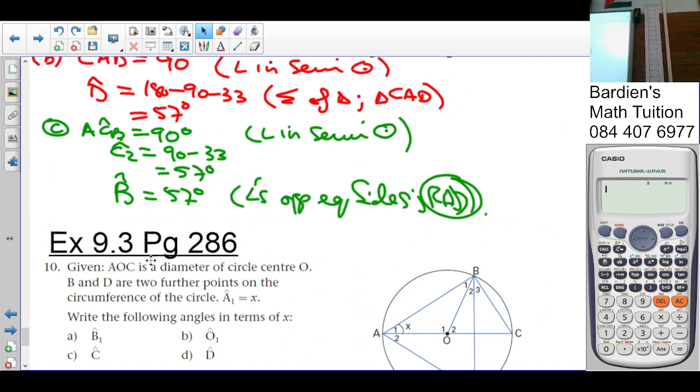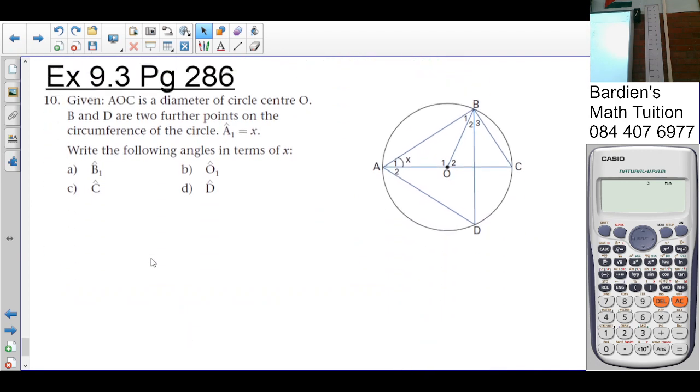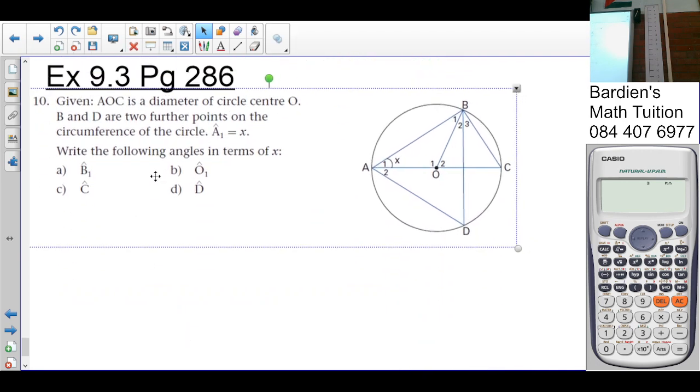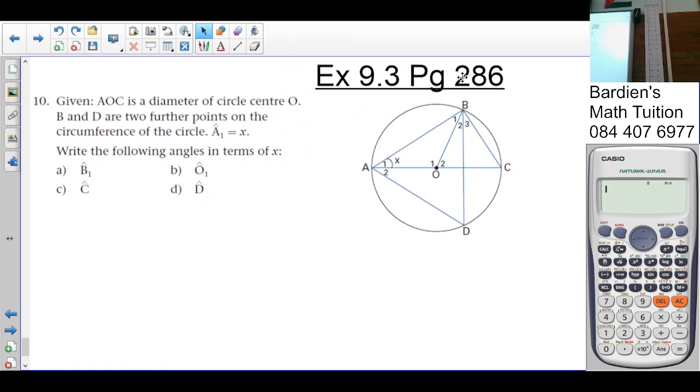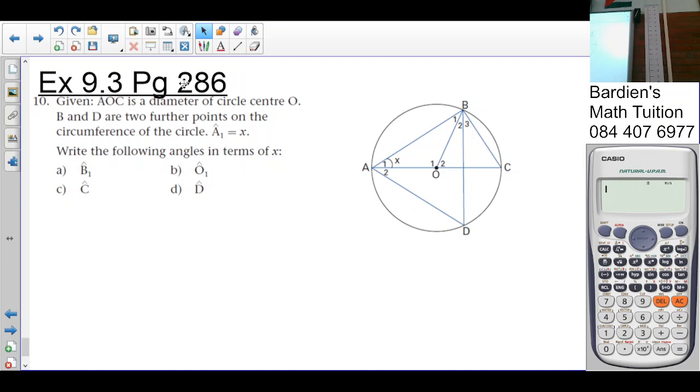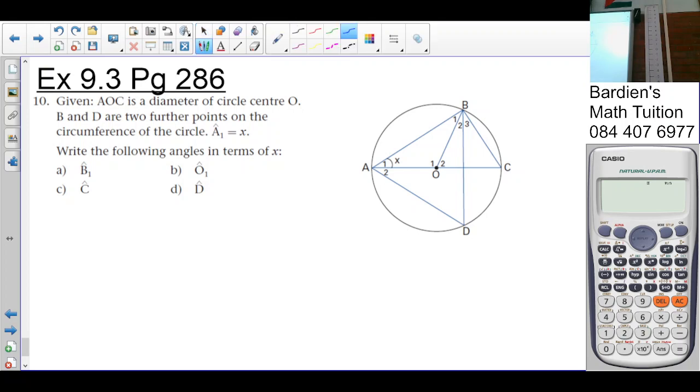Next one is number 10. In number 10, we are given that AOC is a diameter. So if AOC is a diameter, what can be concluded?